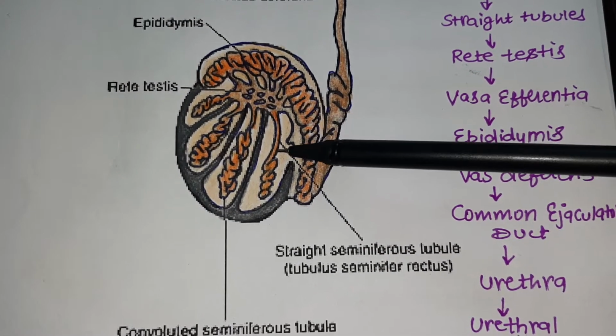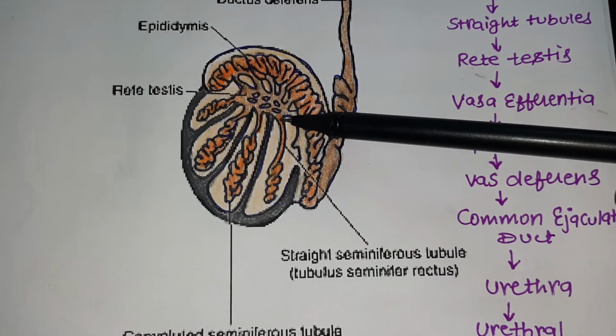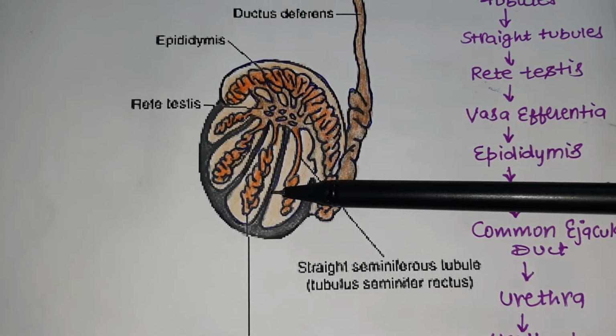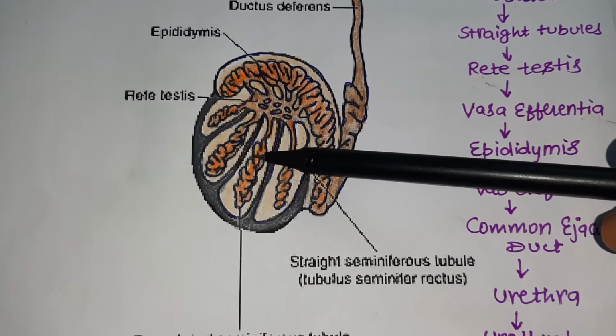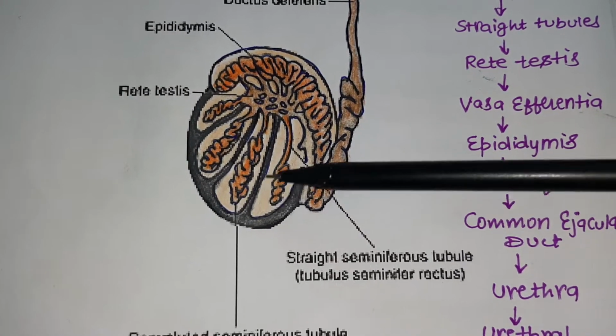So here you can see these straight seminiferous tubules. These are the ducts which are formed from the several seminiferous tubules inside the testicular lobule.